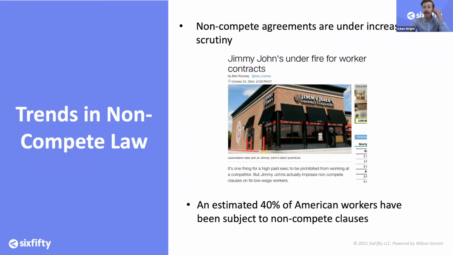Because of that, Jimmy John's was subject to investigations by attorneys general in several states. Because of stories like this that made headlines, I think states have become really aware of the overuse of non-competes. And so states have really started to take a close look at how each state's non-compete law works.